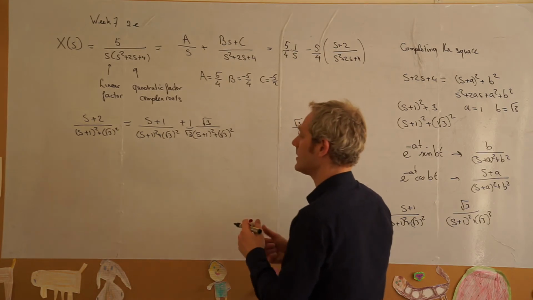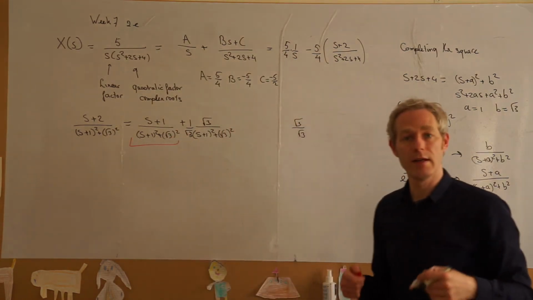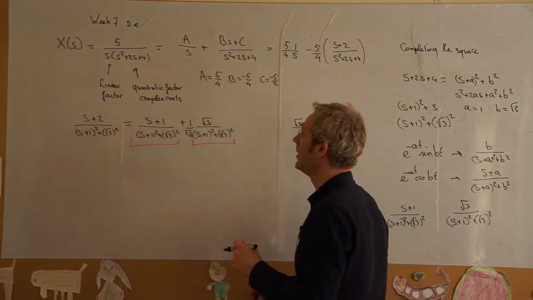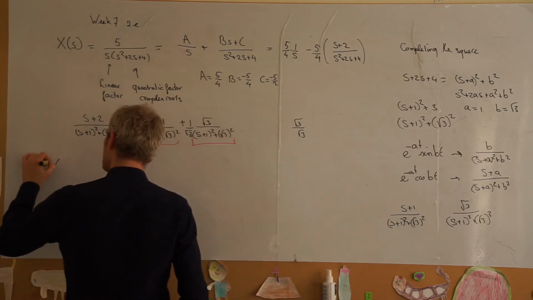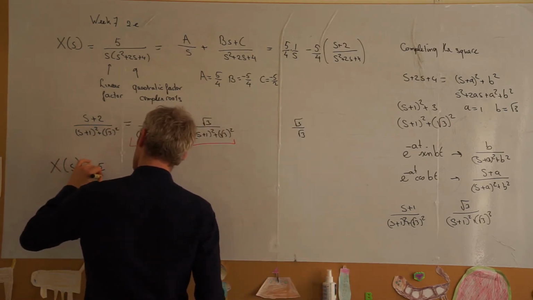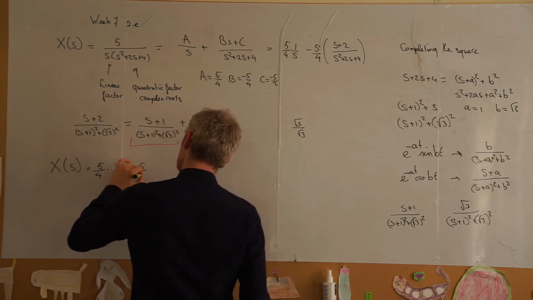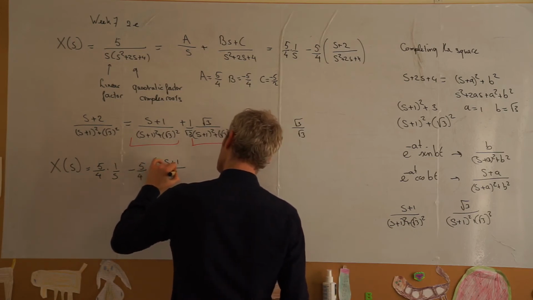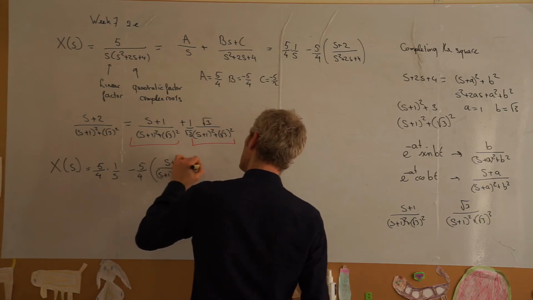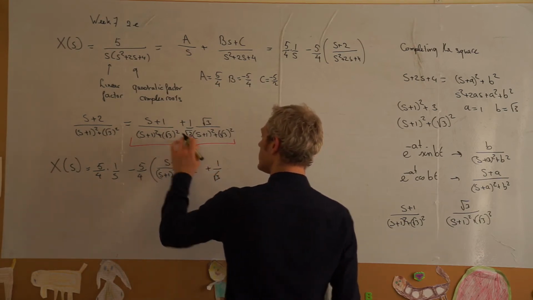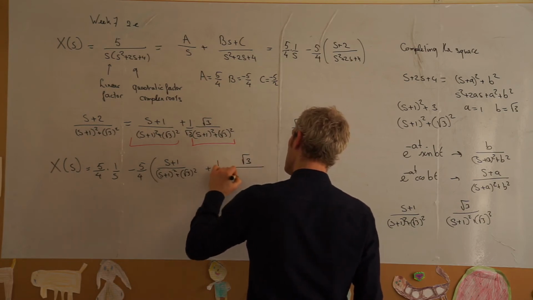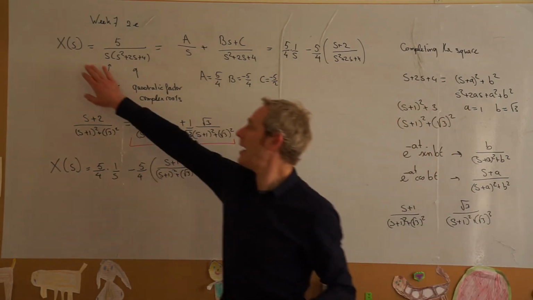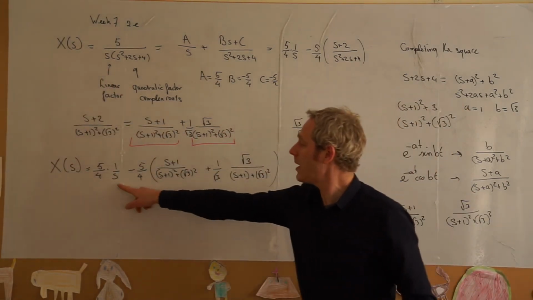And what I end up with is something which I can find in the Laplace table, and something else here which I can find in the Laplace table as well, which means that x of s now is minus 5 over 4 times 1 over s minus 5 over 4 times s plus 1 over s plus 1 squared plus the square root of 3 squared, plus 1 over the square root of 3 times the square root of 3 over s plus 1 squared plus the square root of 3 squared. So now I've rewritten x of s in terms of three parts that are in my Laplace table.